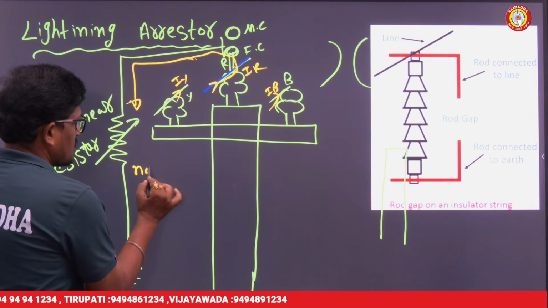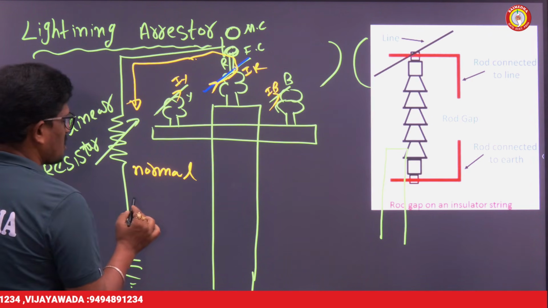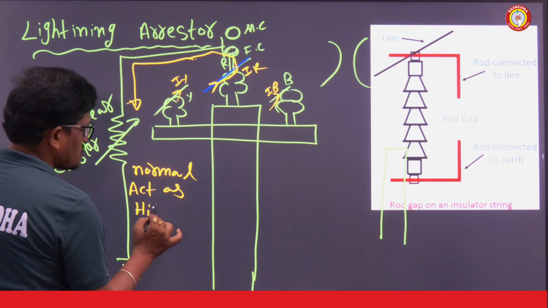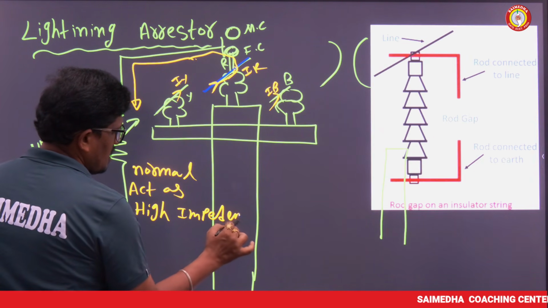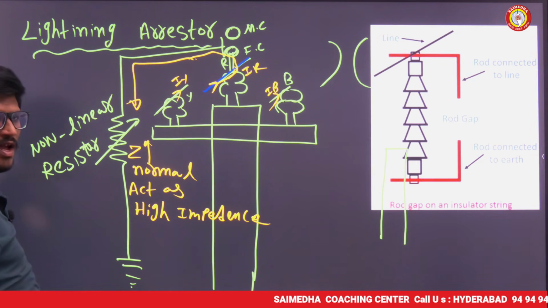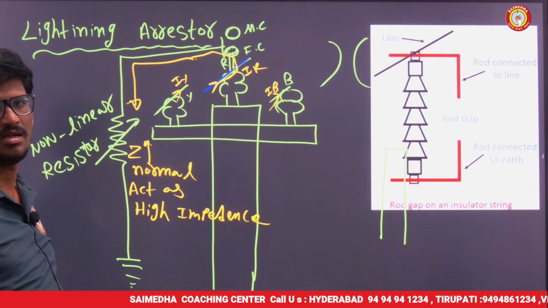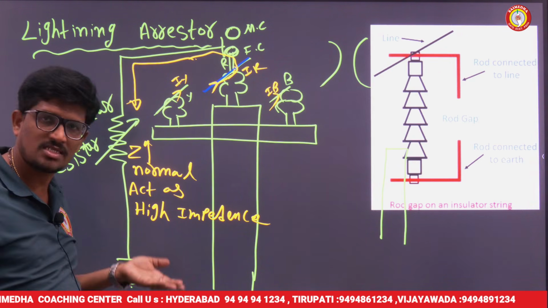If the impedance value Z is high, what is the current flowing in the non-linear resistor? Almost negligible. Resistance value more means the flow of current is less.